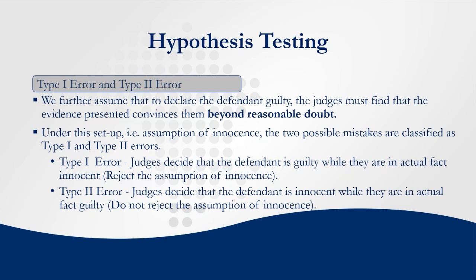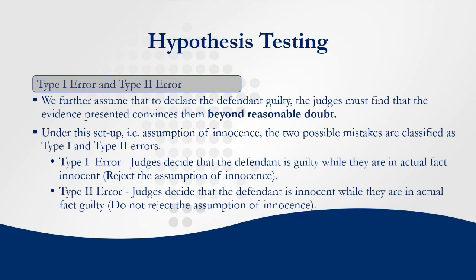So in this setup, there are mistakes which can be made. Remember, we say there are mistakes because the truth is there. The truth of whether this person has committed this offense or not is there. Then the judge, the court, can make two mistakes, which we can also call type 1 and type 2 error.